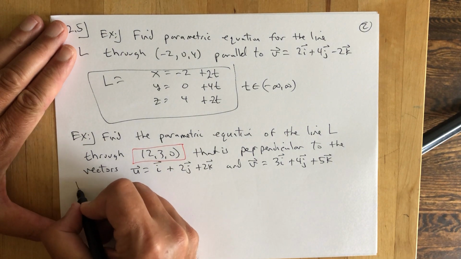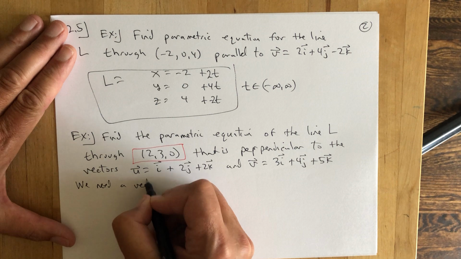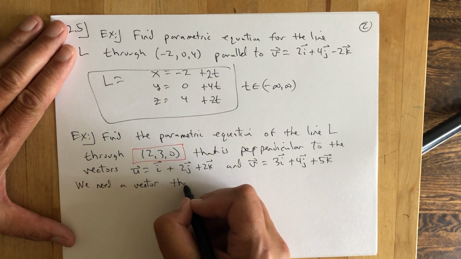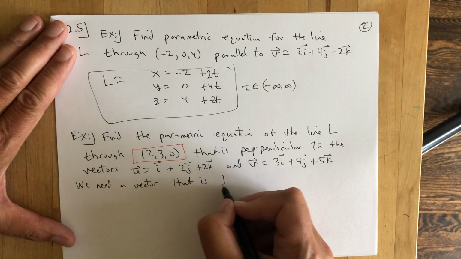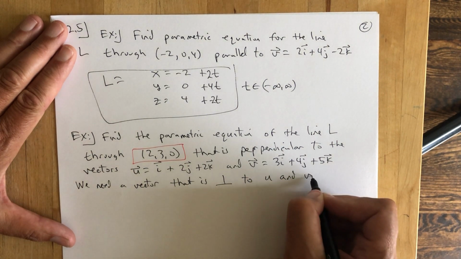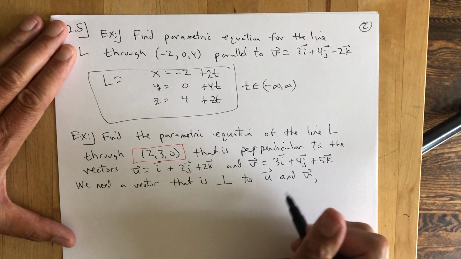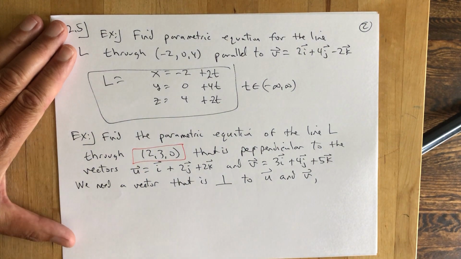Hence, we need a vector that is orthogonal to u and v. And this will be parallel to the line that we're looking for.